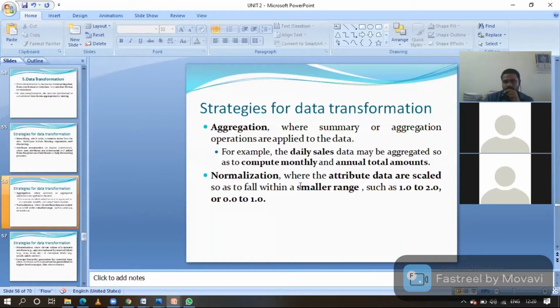Whatever range you want, you can represent the attribute values with the help of normalization. In place of a larger representation, if you want a smaller representation, the better answer is normalization. With that we reduce the range of the attribute values, for example to 0.0 to 1.0.